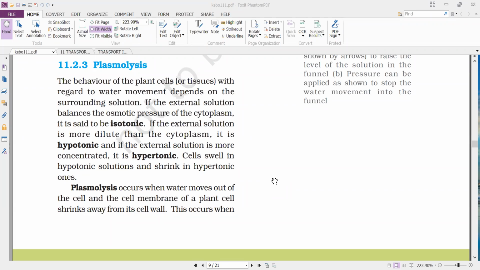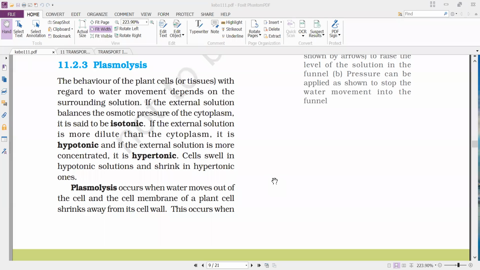That is some introduction related to the movement of water across the membranes. In an isotonic solution, there is no movement, no exosmosis, no endosmosis, because the net movement of water molecules is zero.